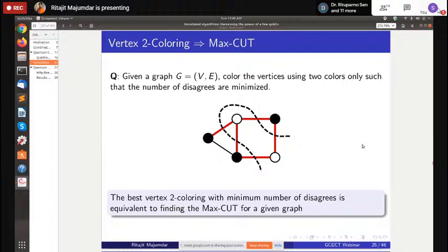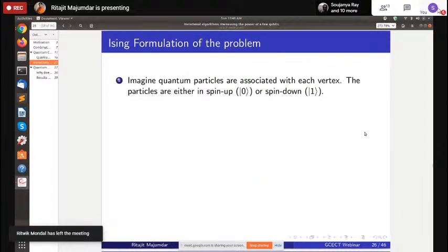So if I can find a vertex 2 coloring with the minimum number of disagrees, then it is equivalent to finding the max cut for a given graph, because the number of agrees is actually equal to the max cut. Because we said that for max cut, you need to assign each vertex to some set. So you can think that black is set A and white is set B.